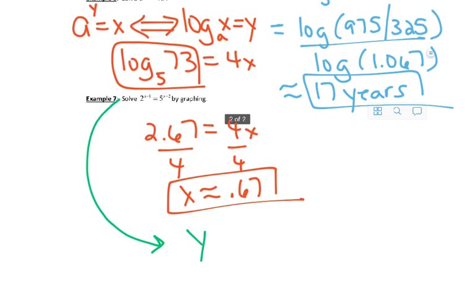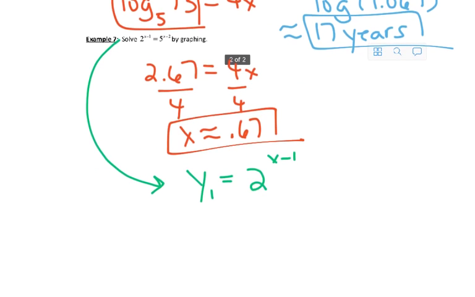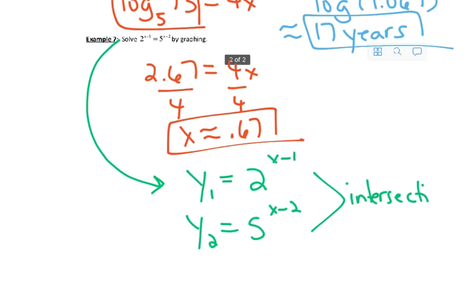So instead, in my graphing calculator, I'm going to graph 2 raised to the x minus 1 in y1 equals, and I'm going to graph 5 raised to the x minus 2 in y2 equals, and we're going to find where those two sides of the graph intersect. And that value of x is going to be the solution to the problem.